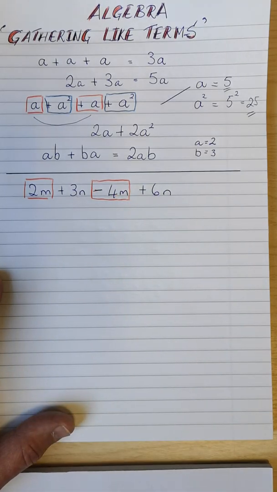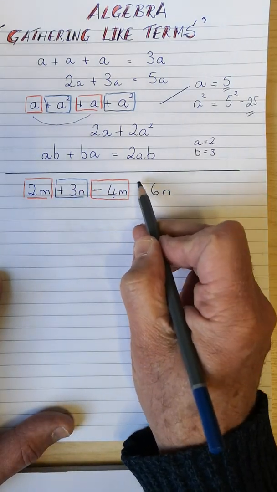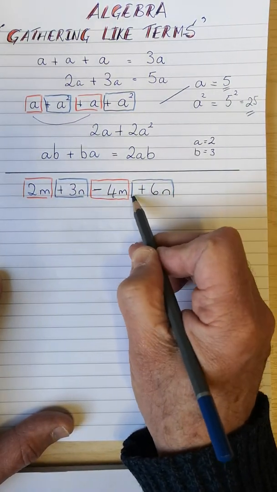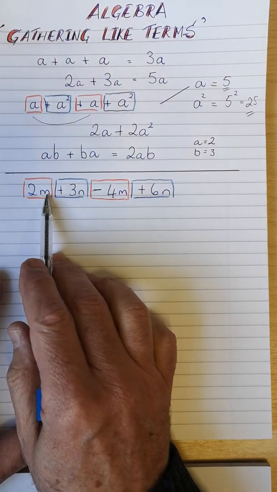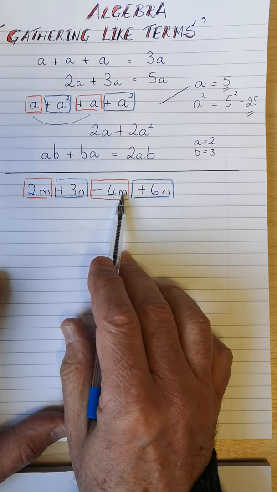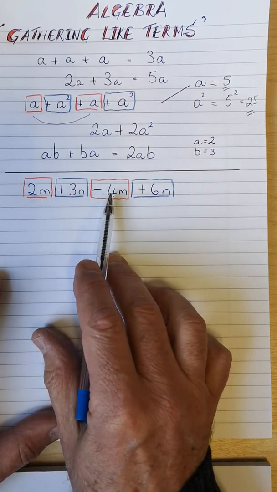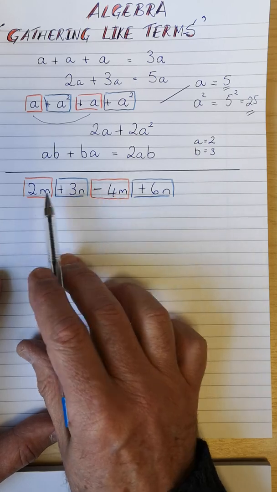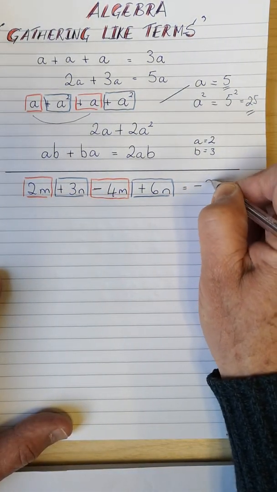When I do this, it is very important that I take the sign with the actual number and letter. Okay, very important. So we have a positive 3n. We're starting in the positives, and we have more positives added on. So let's see what we've got. We have 2m minus 4m. So now you need to think a little bit. Am I still going to be in the positives, or am I moving into the negative numbers? 2 minus 4 is in actual fact minus 2.